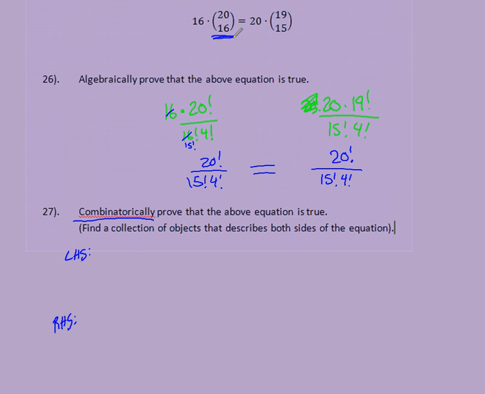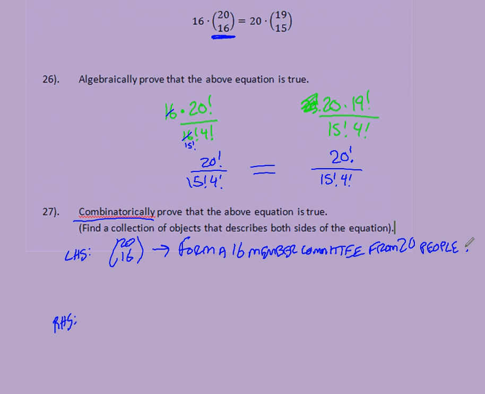Well, this 20 choose 16 represents how many ways to form a 16-member committee from 20 people. So from 20 people, I'm making a committee with 16 people on it.